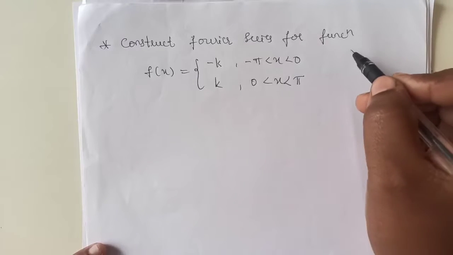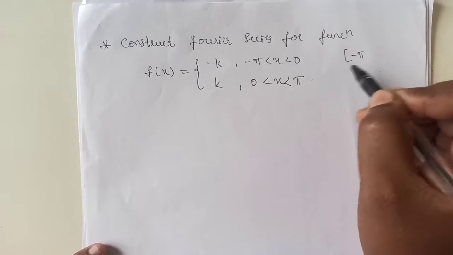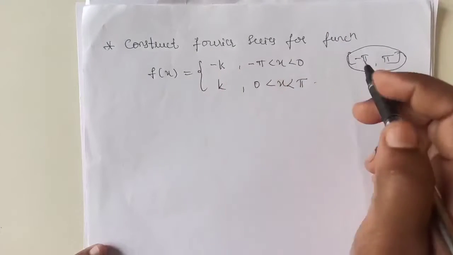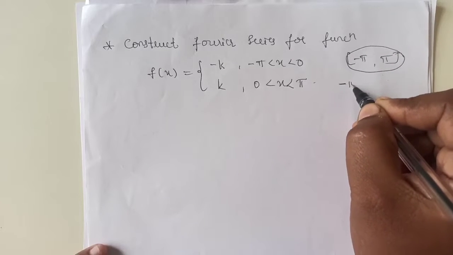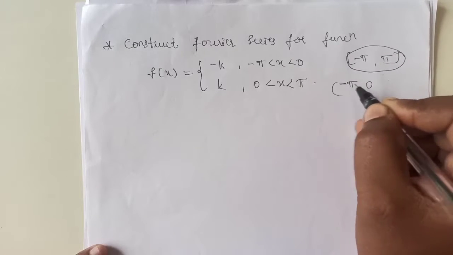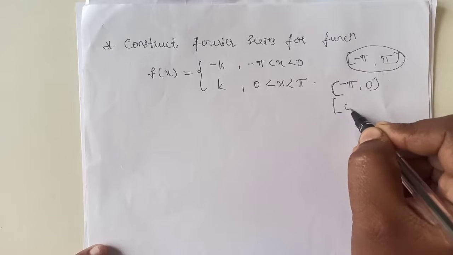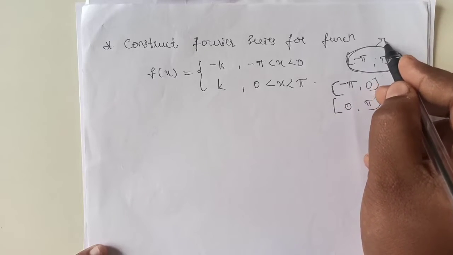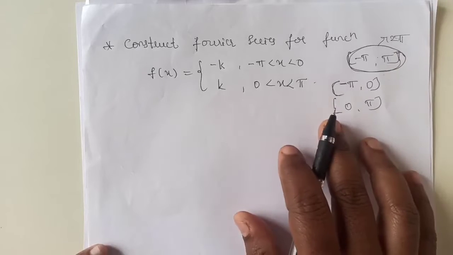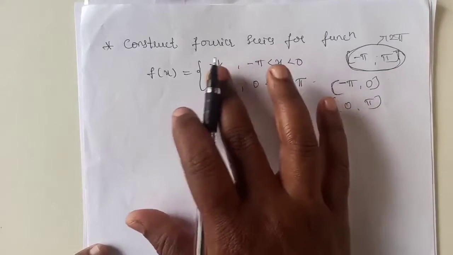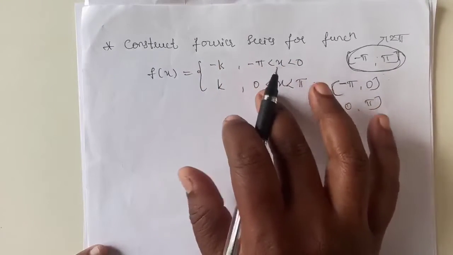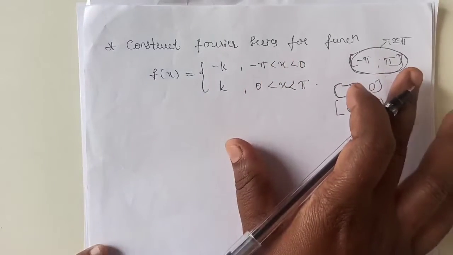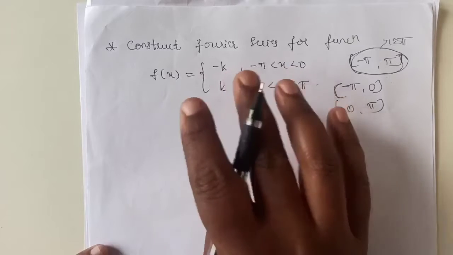So here given intervals are minus pi to pi only, but this interval is divided into two intervals, that is first minus pi to 0 and 0 to pi. If we calculate the length of this period, this is 2 pi only, but this function is divided into two intervals, therefore the formula will be same, but in the integral we have to take two integrals.